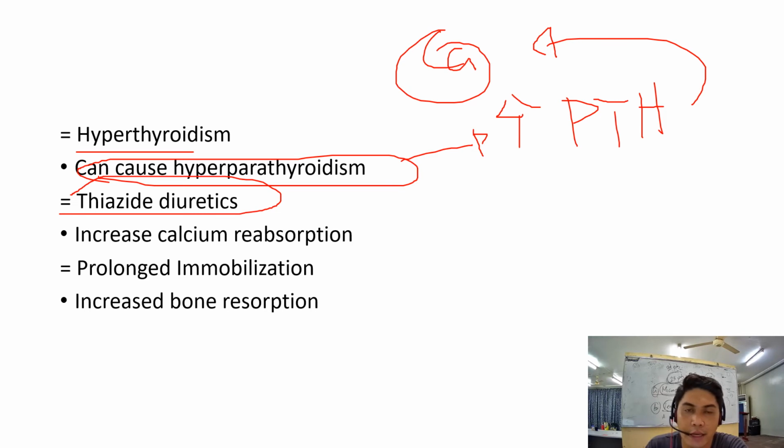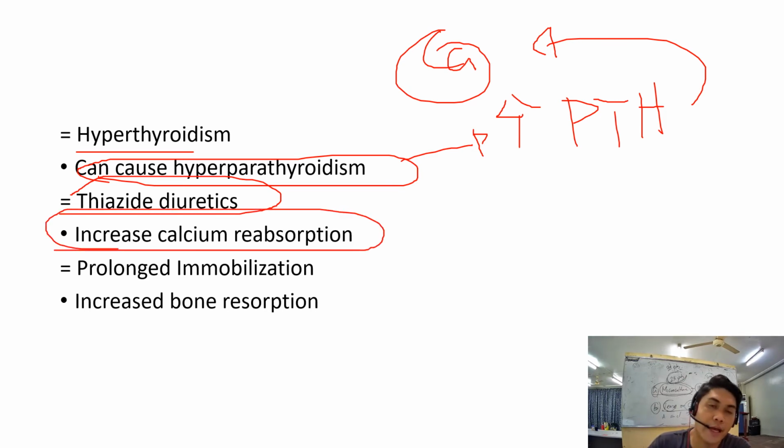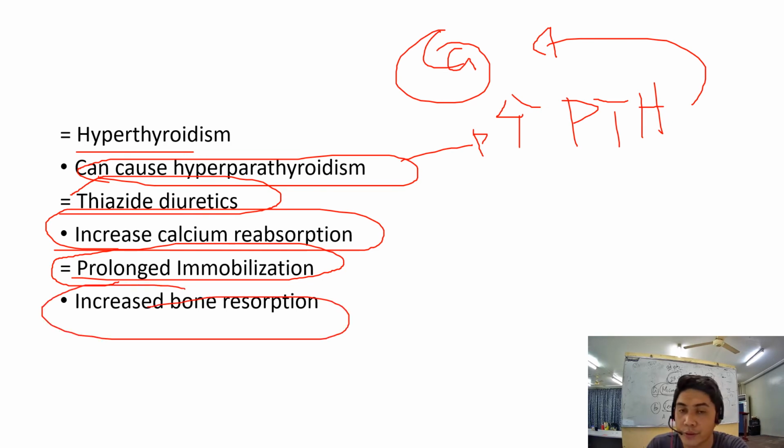The use of thiazide diuretics increases calcium reabsorption. Then the next cause is prolonged immobilization or being bedridden. It increases bone resorption, meaning you have transfer of calcium from bone to blood.